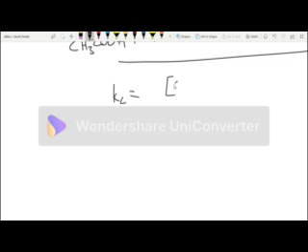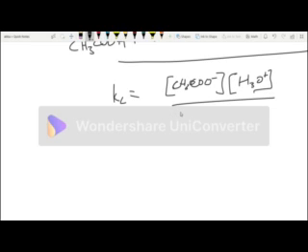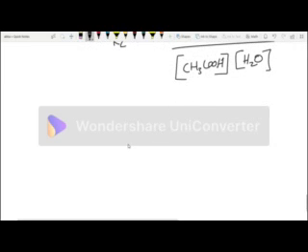So it's going to be the concentration of CH3COO negative, then the concentration of the hydronium, divided by the concentration of CH3COOH, then your water, something like this. So that is the Kc.